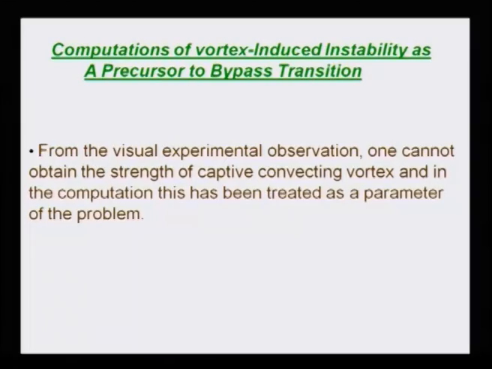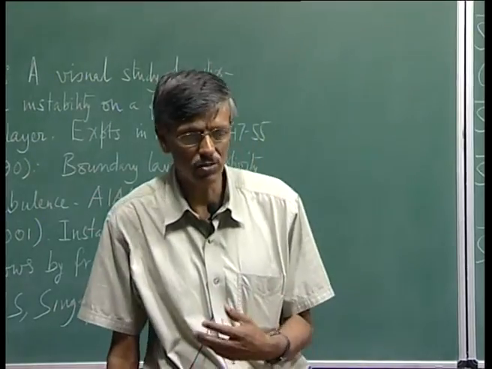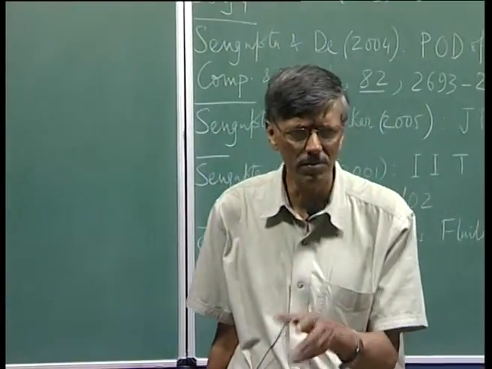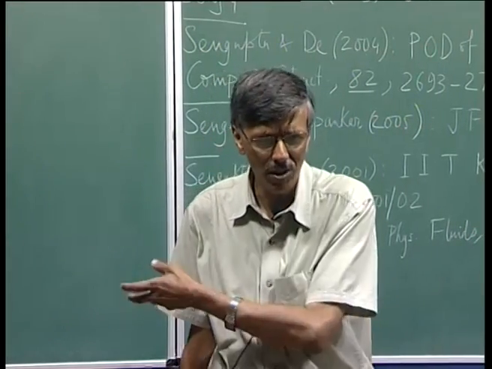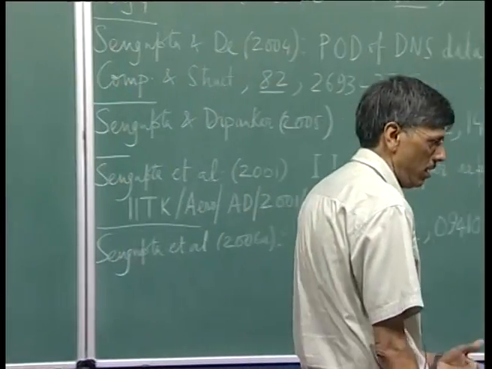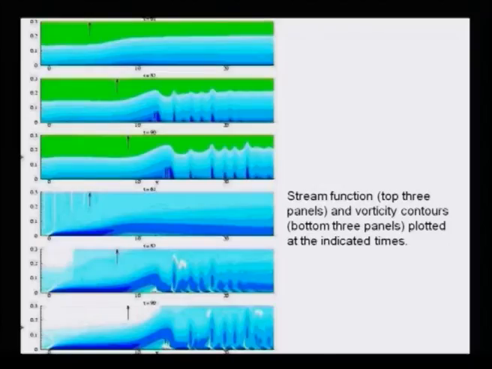So, what we have tried to do in these computations is treat this strength of the vortex itself as a parameter and study what it is going to be. You can of course do a parallel study of the Magnus effect and work out the strength of gamma. So, that is equally possible. So, basically this is the kind of picture that you see.